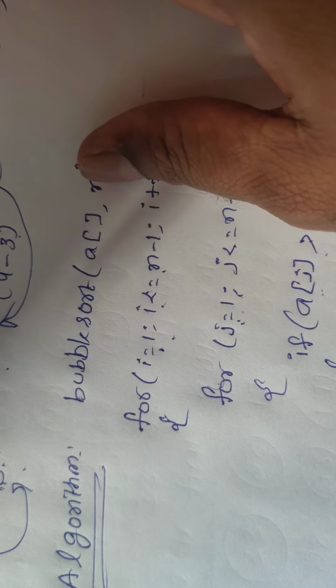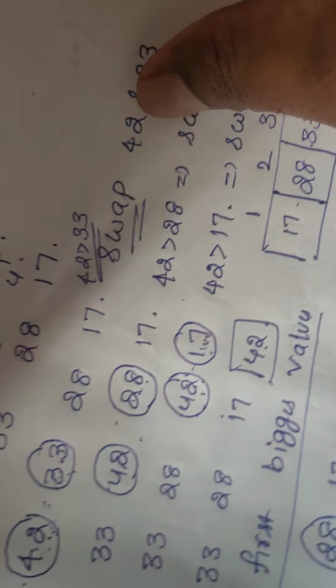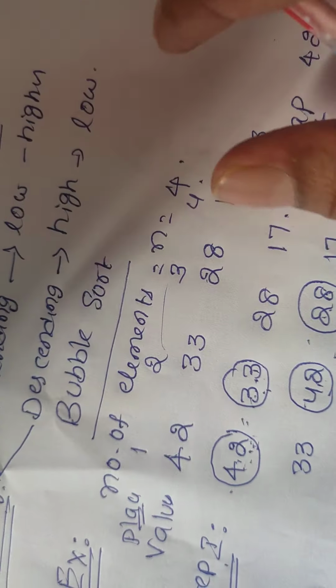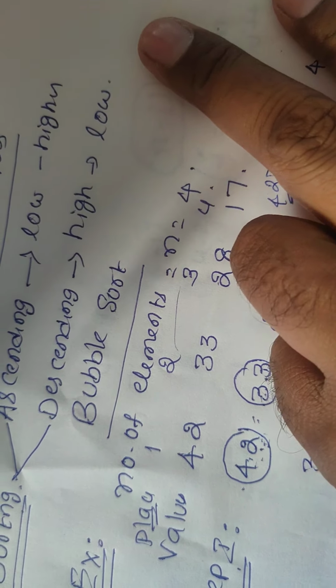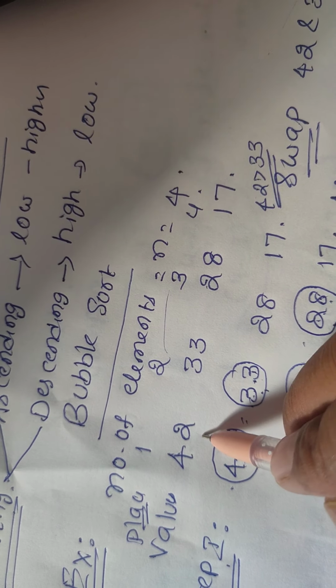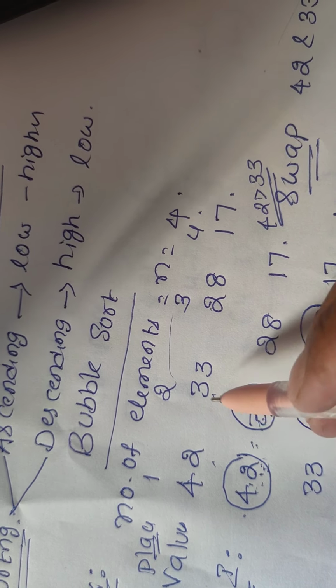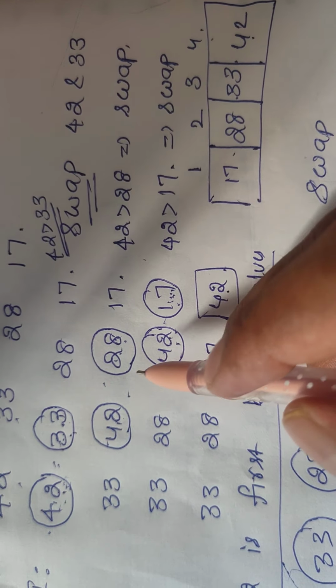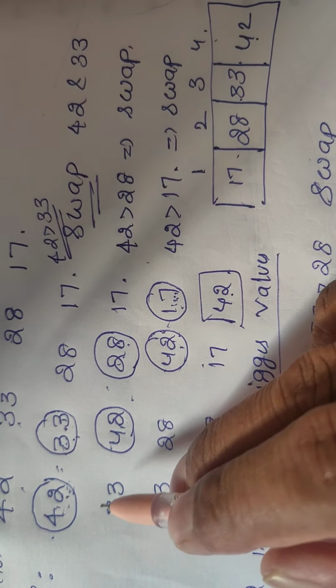And please observe, I am taking values that are already in descending order: 42, 33, 28, 17. Why should I take this? If you take it like this, comparisons occur at every step, so we can easily understand how many comparisons and how many steps there are.